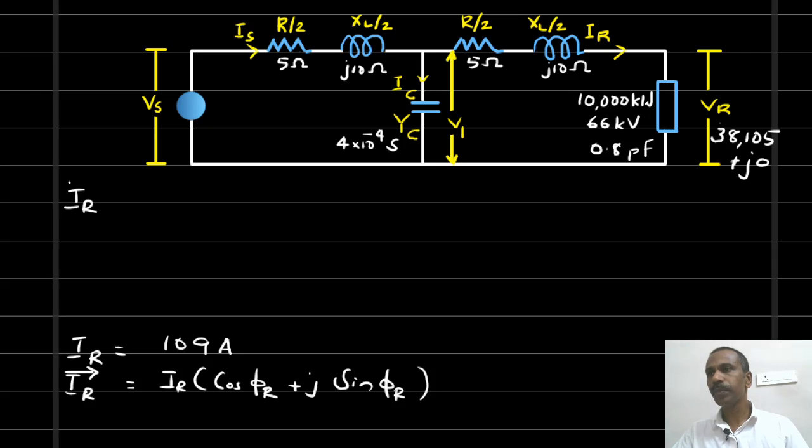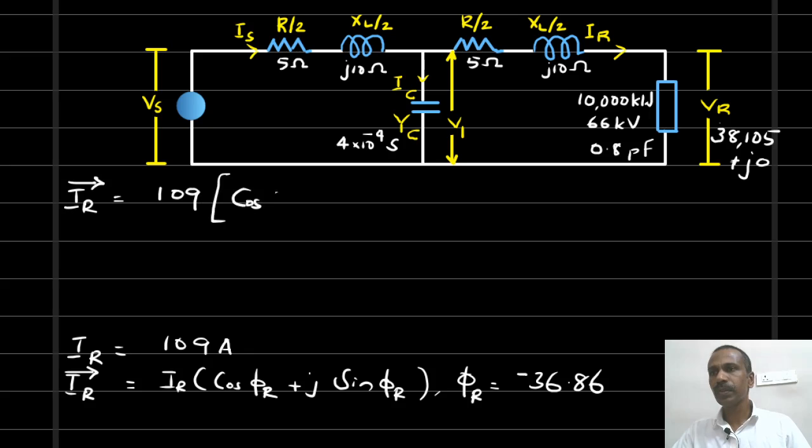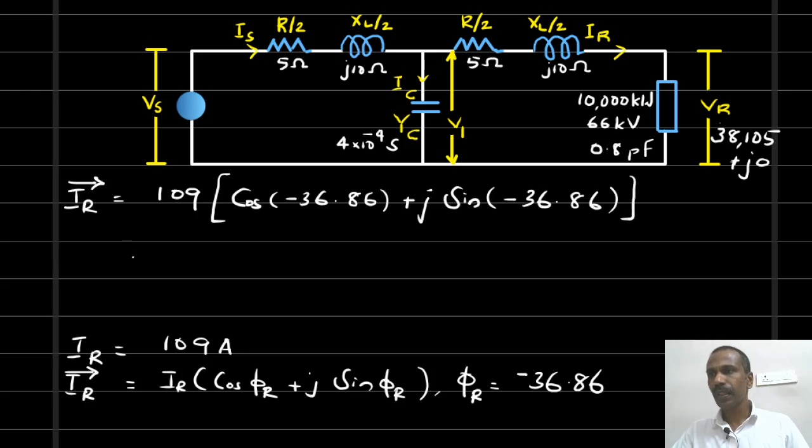So IR is equal to, here the phase angle phi R, cos phi is given 0.8. From this you can find out the angle. It is 36.86. As it is lagging, angle is minus 36.86. That is magnitude of the current 109 into cos minus 36.86 plus J into sin minus 36.86.